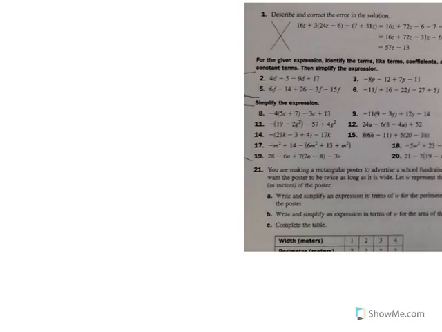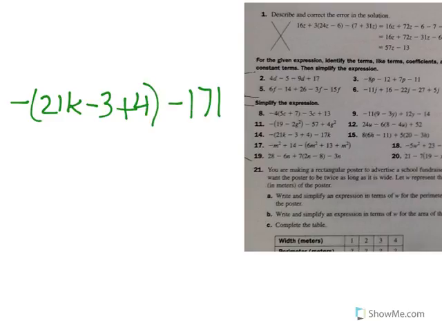So for 14, it says take the negative of 21k minus 3 plus 4, minus 17k. Or rather, the opposite of 21k. And when you do that, negative 21k is going to be negative 21k.